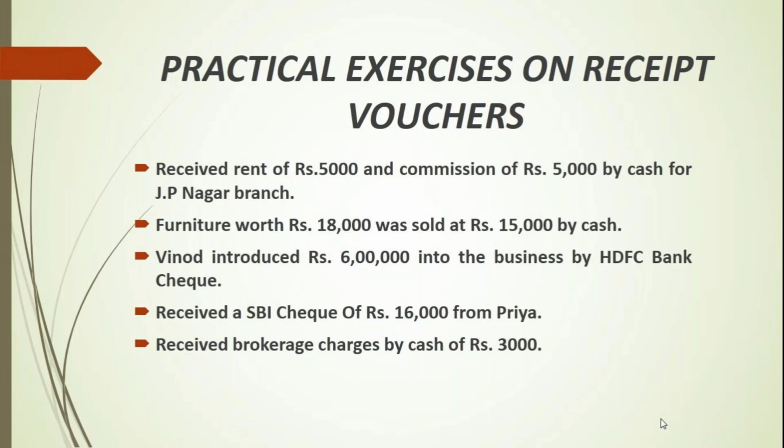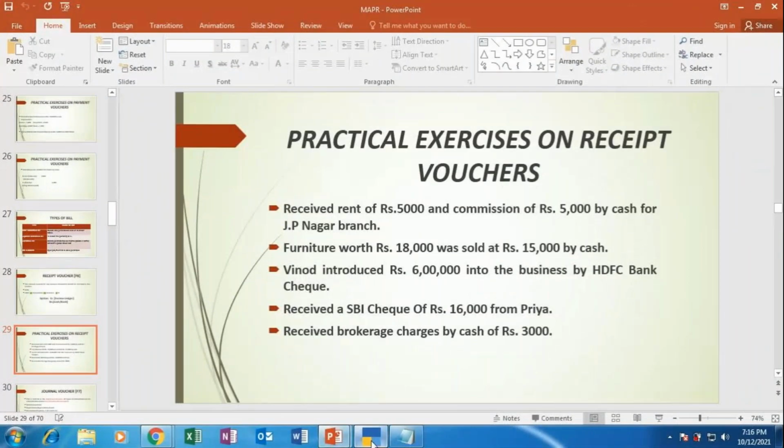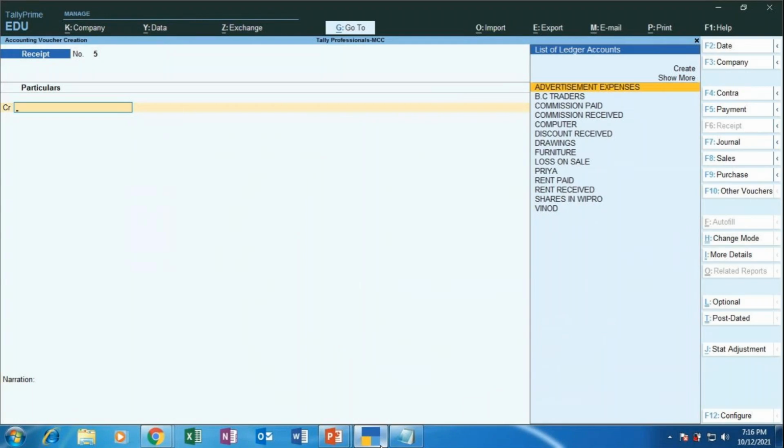Rather, I would not deposit the same into the ICICI Bank, my company's bank account. So how do we make up the entry for the same? What is the credit aspect? It is the source of income ledger, right? So from which source is the amount being received?